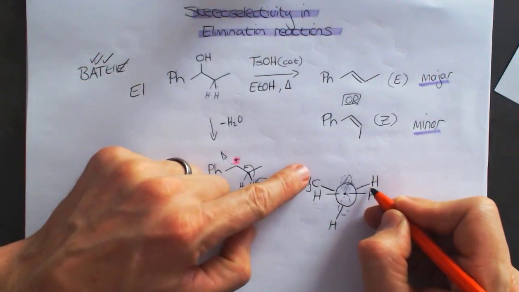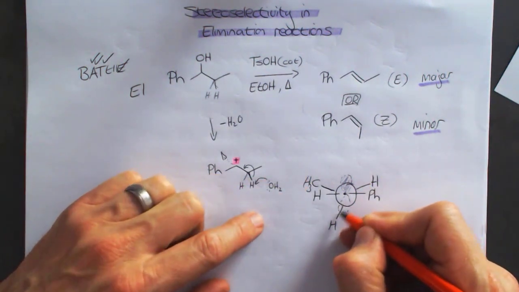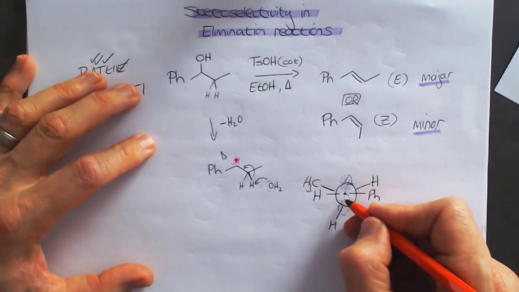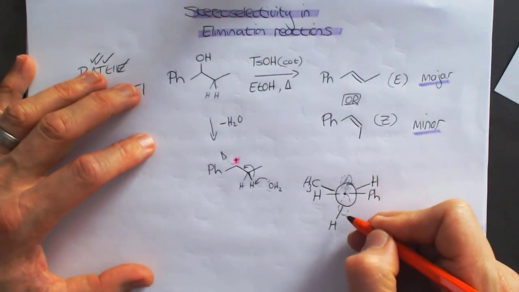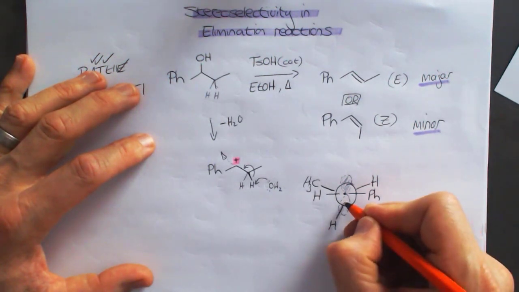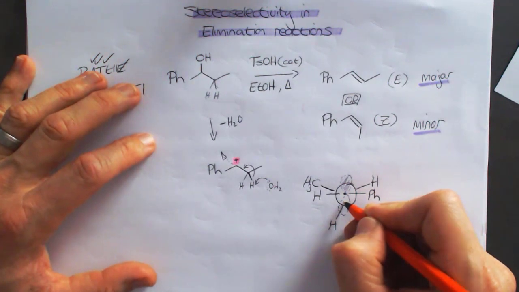In other words, this whole thing has to spin around a little bit. The way I've drawn it is very close, but it really needs to get to 90 degrees so that the electrons in this sigma bond can overlap with this empty p orbital and then form the double bond.